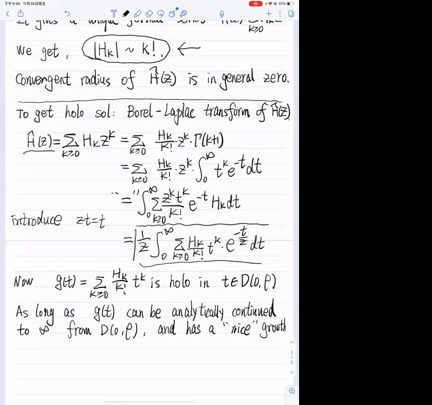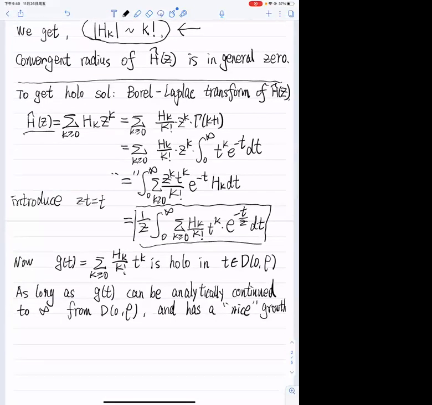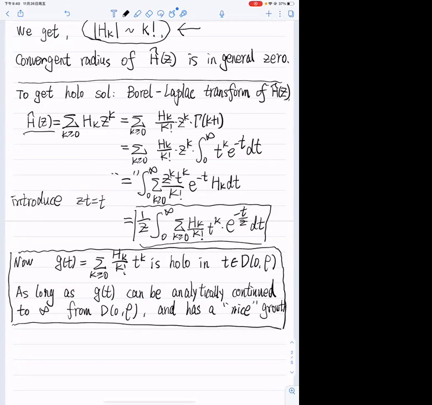recall that this is a remark here. Sorry, I didn't arrange this note very well. So as before, if we continue this identity, what we get here is the integral of the function gt times exponential minus t over z.